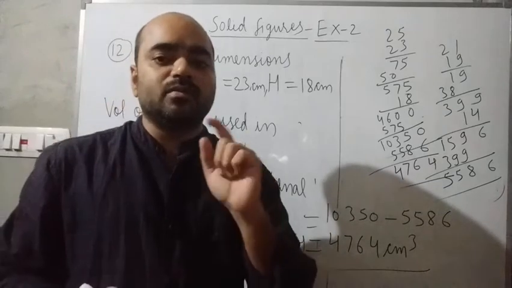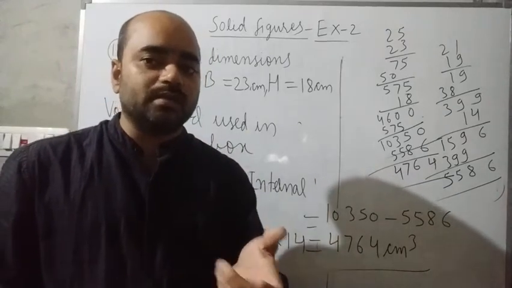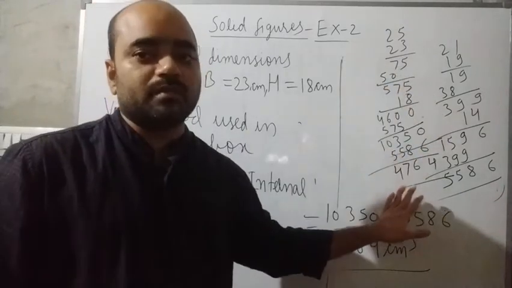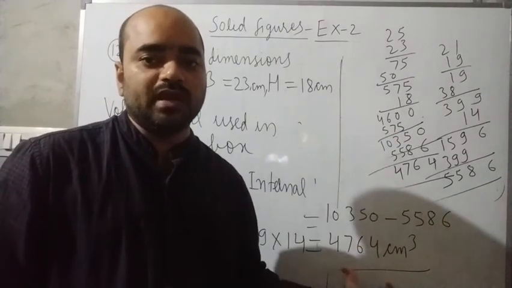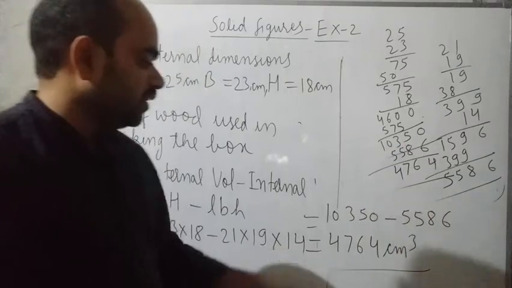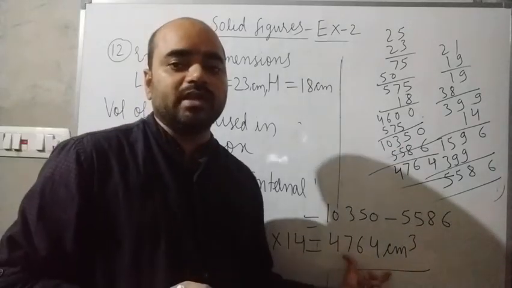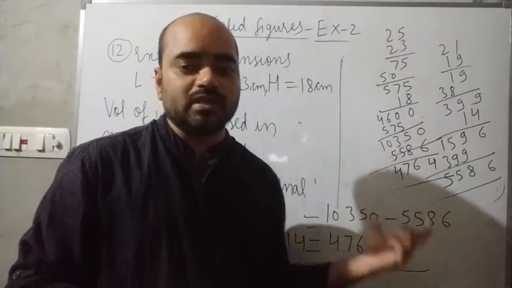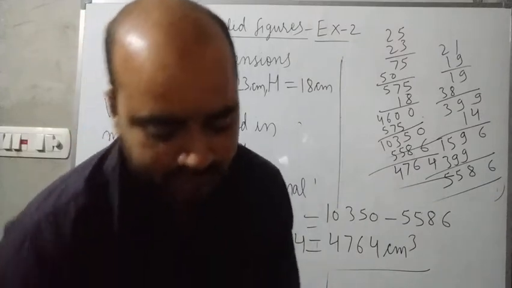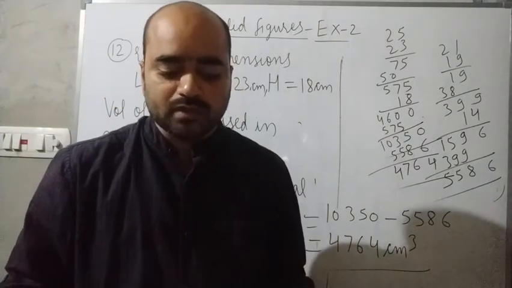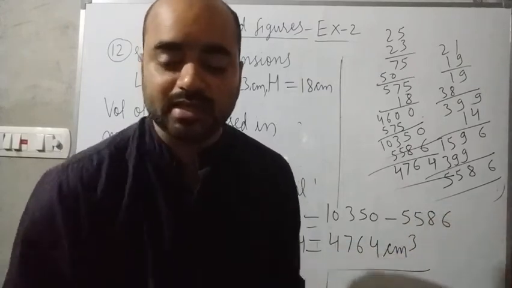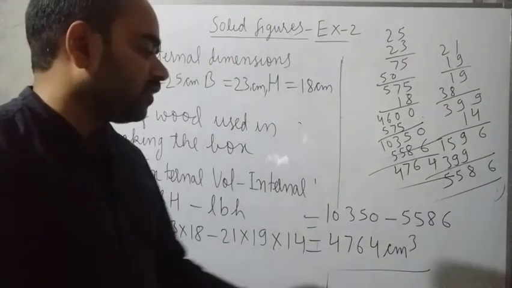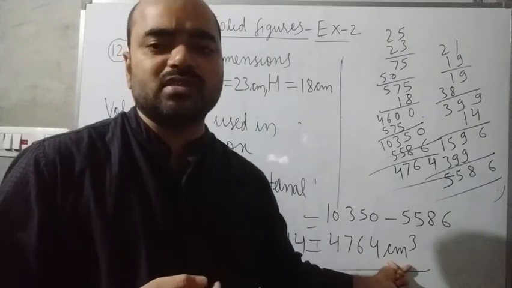And remember, in the board examination or in your 9th examination, marks are allotted for this working: from where you have found the values. So this is the volume of the material, the volume of the wood used in making the box. But we have to find the cost: the total cost of the wood required to make the box if the wood costs rupees 1 per centimeter cube. It means for 1 centimeter cube the cost is rupees 1.